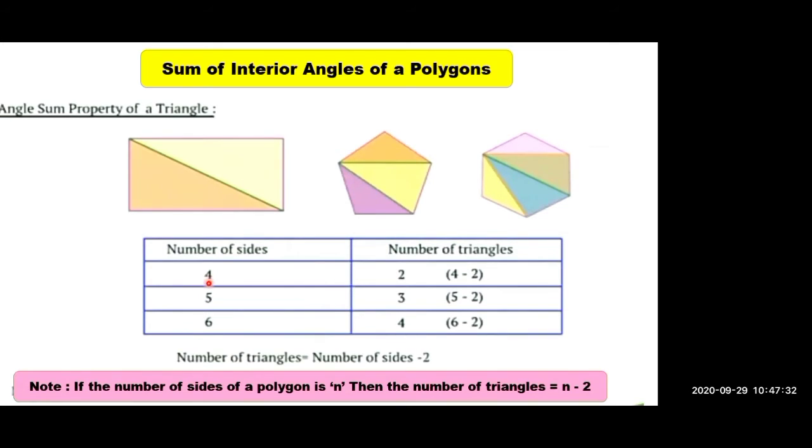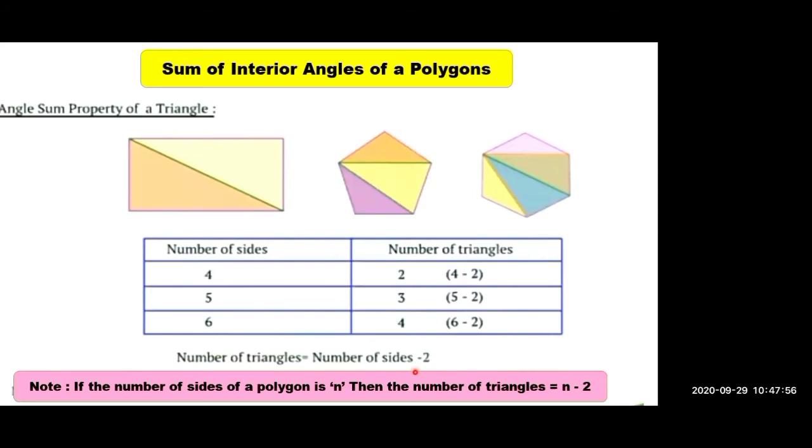So 4 means number of sides, n minus 2 equals to 2. Okay. So this is the formula. Number of triangles equals to number of sides minus 2.